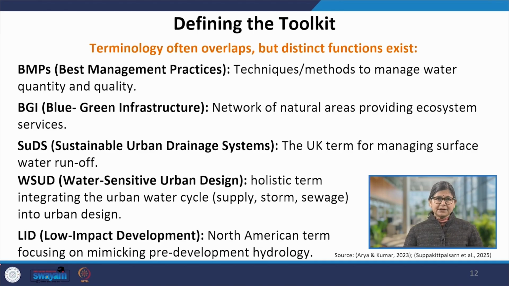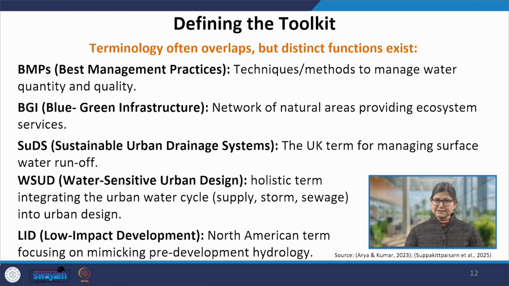Defining the toolkit, terminology often overlaps but distinct functions exist. BMPs, the best management practices, are techniques or methods to manage water quantity and quality. The other terms used often are BGI, Blue Green Infrastructure, a network of natural areas providing ecosystem services. Sustainable Urban Drainage Systems, SUDS, is the UK term for managing surface water runoff.